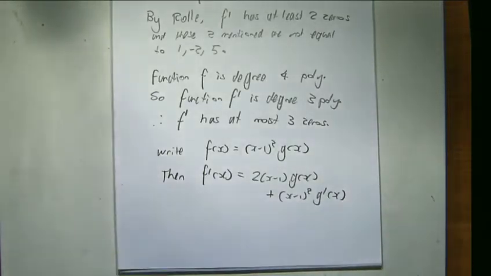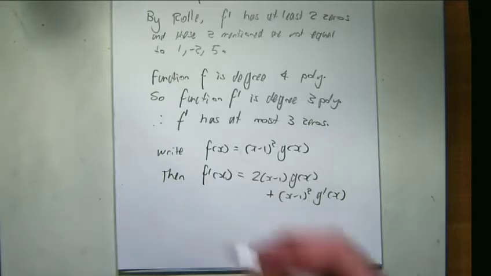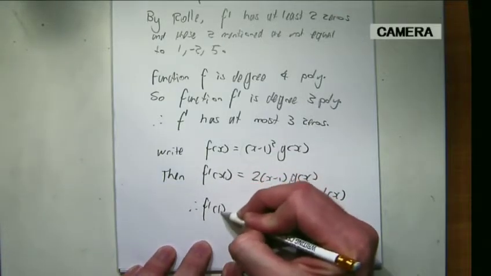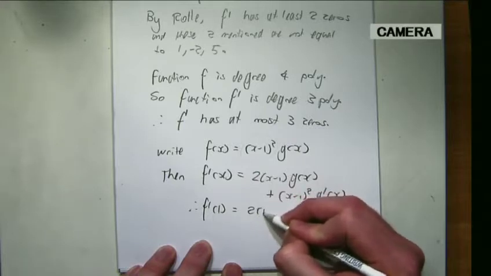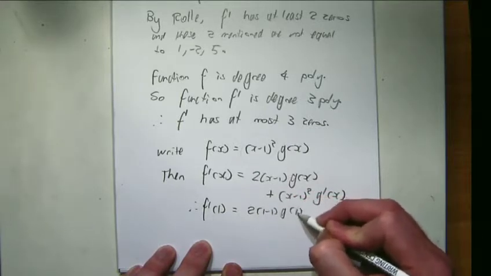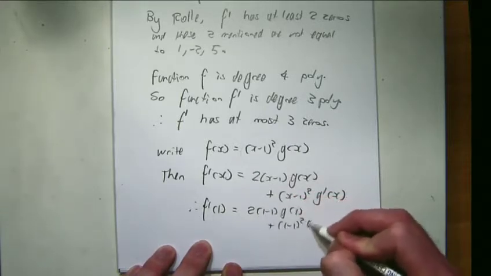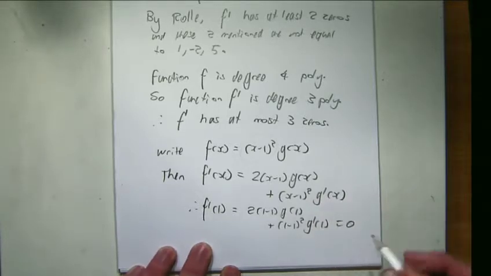So I haven't actually quite found the formula for f dashed. I've avoided actually finding the real formula for it because I still haven't considered what g(x) is. But notice that both of these have an x minus 1, so therefore f dashed of 1 is 2 times (1 minus 1) times g of 1 plus (1 minus 1) squared times g dashed of 1, which is 0.